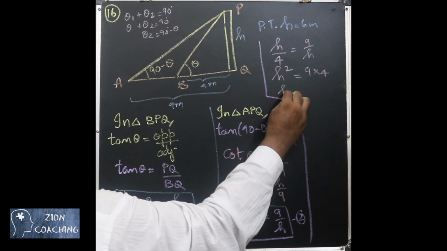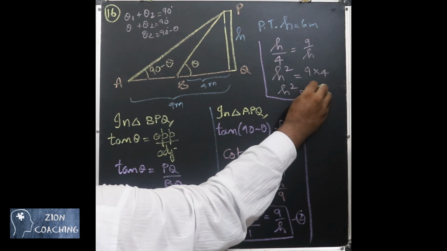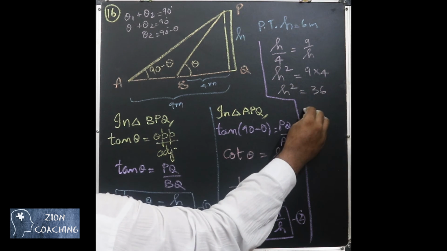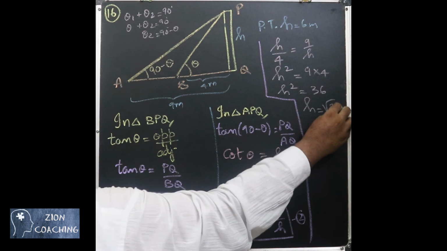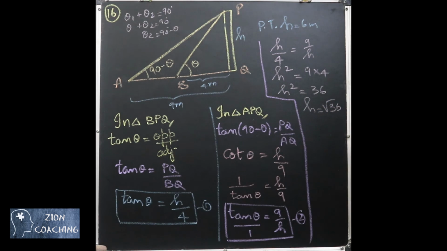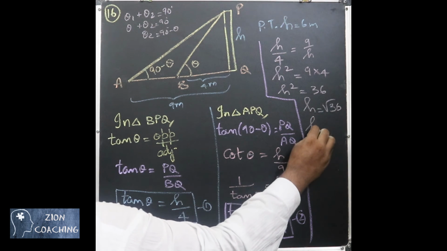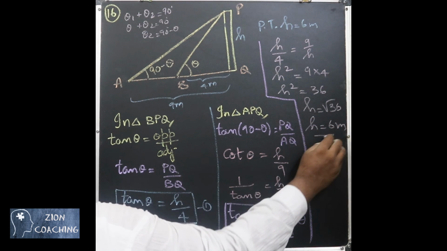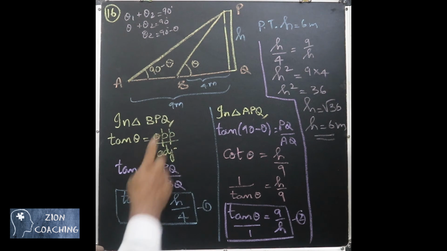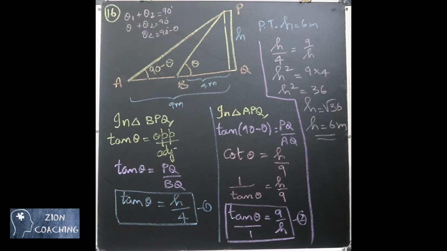That is, we have H square equal to 36. So H is going to be the square root of 36. We are going to take only the positive value because it is a measurement here. So your H value is going to be 6 meter, and that is what we have to prove. We have proved that the height of the tower is 6 meter.